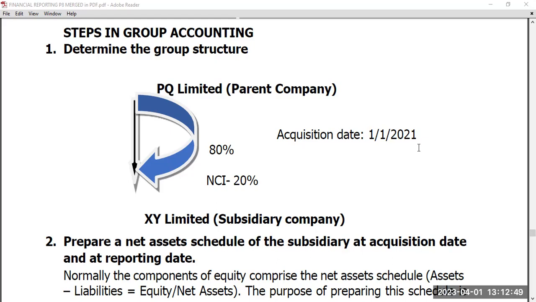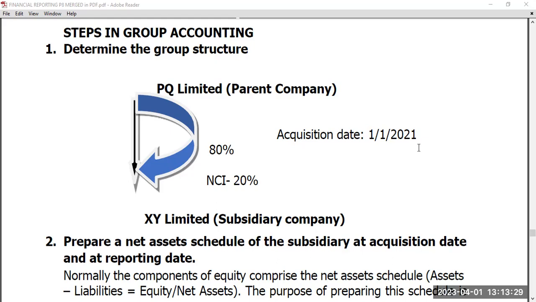As I said, the first step is looking at the group structure. This is mainly the relationship between two or more companies, because you may find one company buying more than 50% of the shares in different companies, such as company A, company B, company C. If it is only one company that has bought more than 50% of the shares of another, then we have a parent to subsidiary relationship.